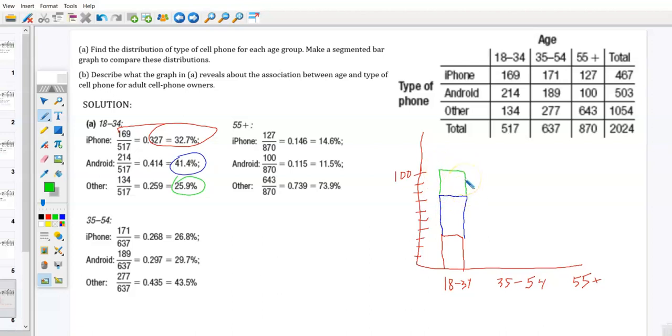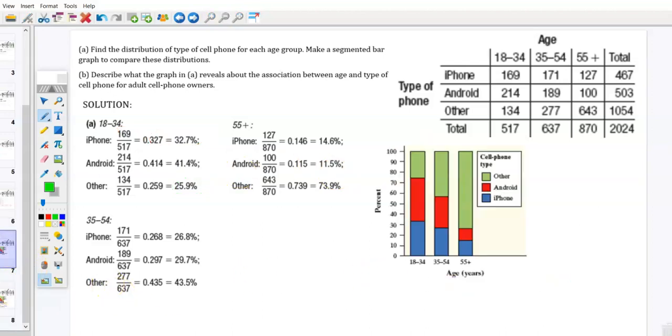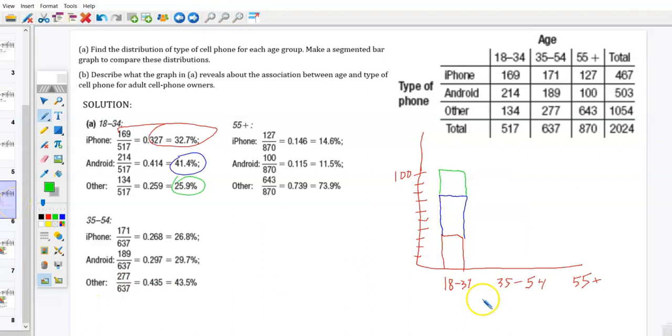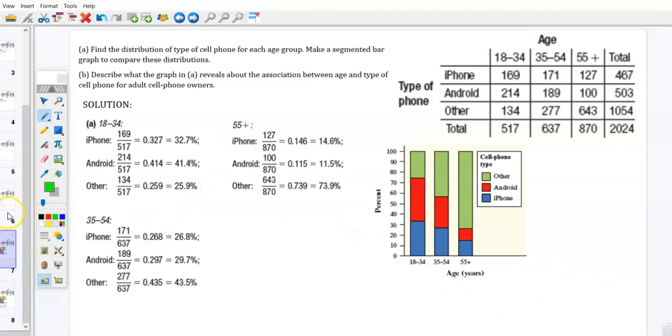So you color code it usually, and you keep making this, and you will get something that looks kind of like this. Oh, don't forget to label, right? This is age, and you want to use the unit, so in years. And this is percentage frequency. Can we just call it frequency? What did they call it? Call it percent.